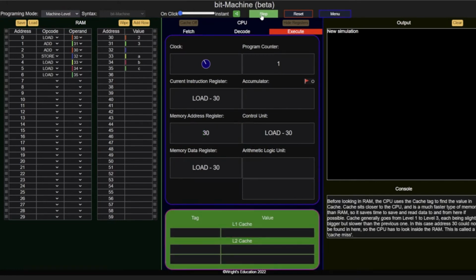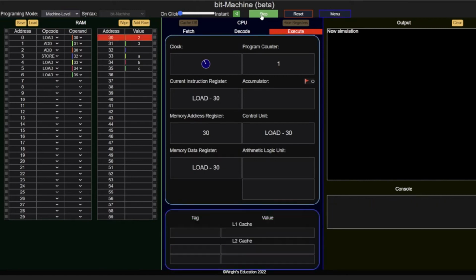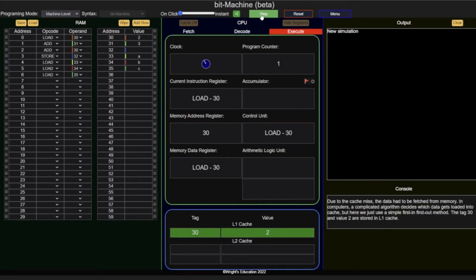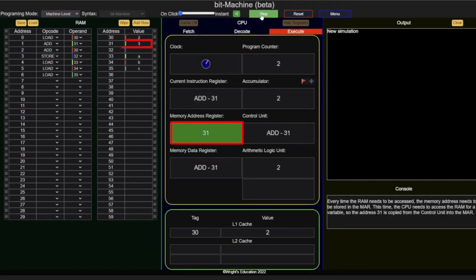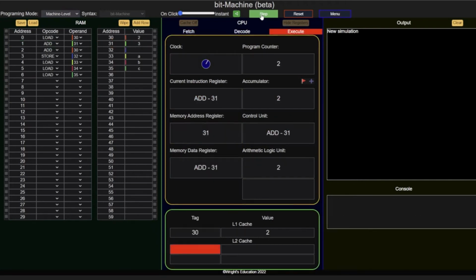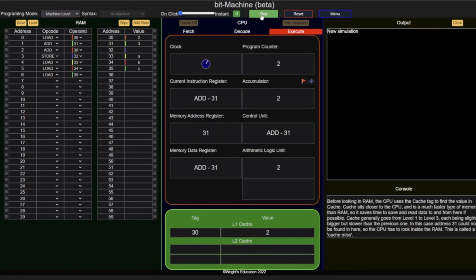LDA stands for load accumulator and will populate a value from memory into the accumulator, known as reg A or register A. The instruction accepts a single hexadecimal input which corresponds to the memory address of the value to load.